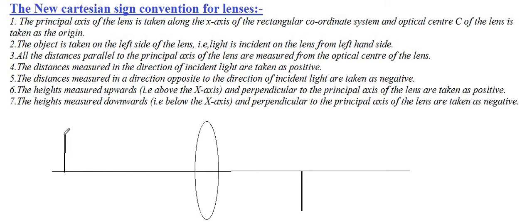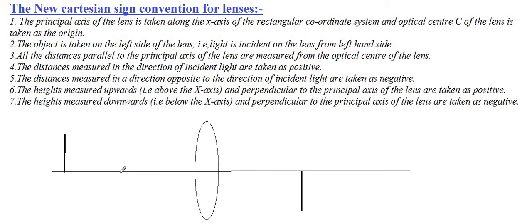So first sign convention is the principal axis of the lens is taken along the x-axis of the rectangular coordinate system, and optical center of the lens is taken as the origin. Now what we have to do, the principal axis should be taken along x-axis.